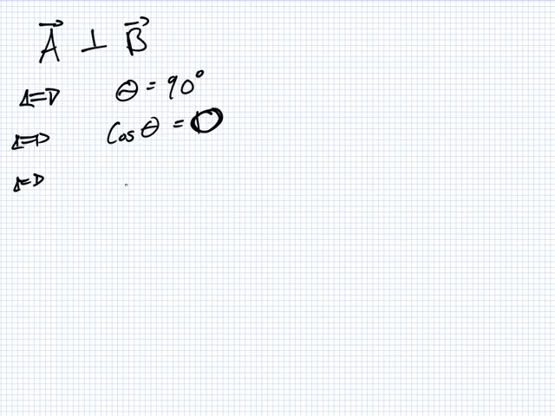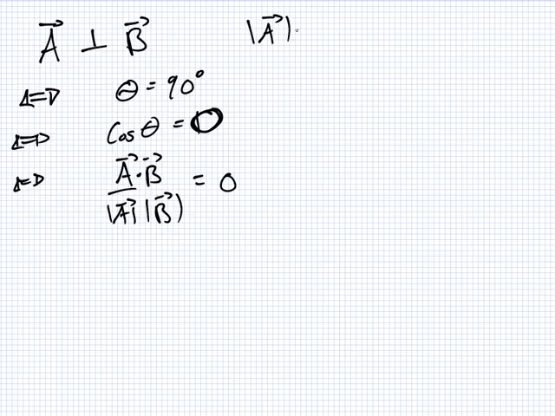Which means that A dot B over the magnitude of A times the magnitude of B should equal 0. Now, let's just say we don't have vectors which are 0 length. Because the vector 0, 0, 0 has length 0, and we don't want to be looking at anything weird like that.